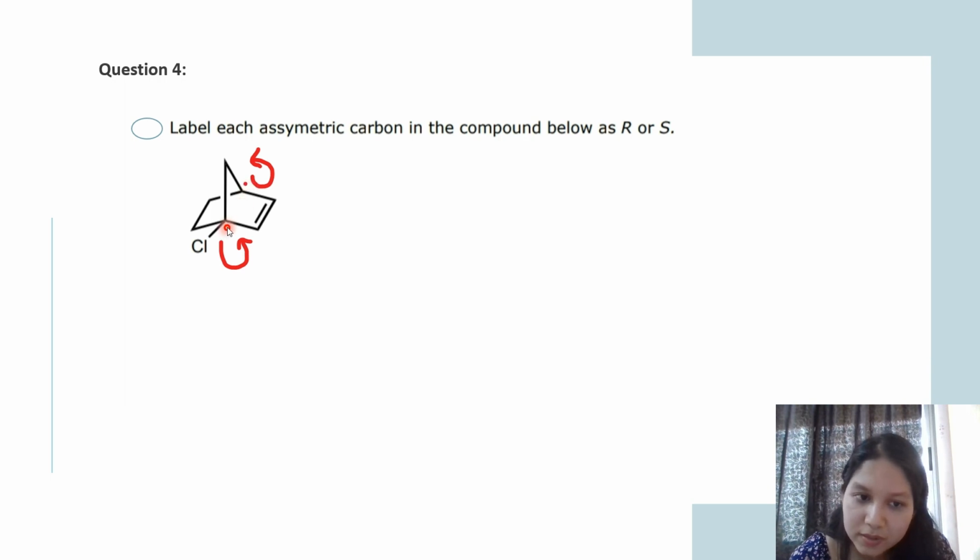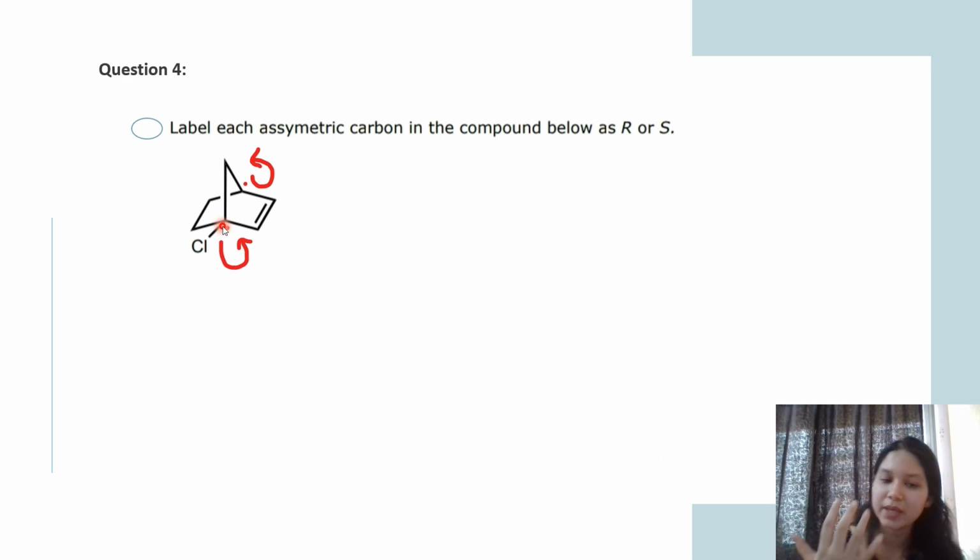Now it's the turn of this carbon atom, because this is also an asymmetric carbon and this is also connected to 4 different substituents. This is one, this is the second one, this is the third substituent, and the chlorine which is towards us, above the plane as you can imagine, will be the fourth substituent.